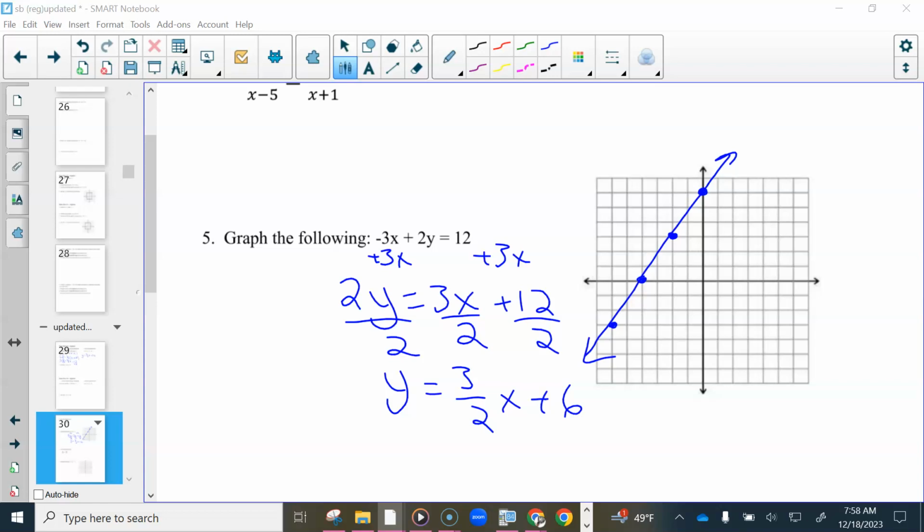What would those be? Leave it as a fraction. Negative 8 over negative 12 would be 2 over 3. Negative 4 over negative 6 is also 2 over 3. We're going to skip the 0 over 0 because that wouldn't be anything. And then the other 2 over 3.